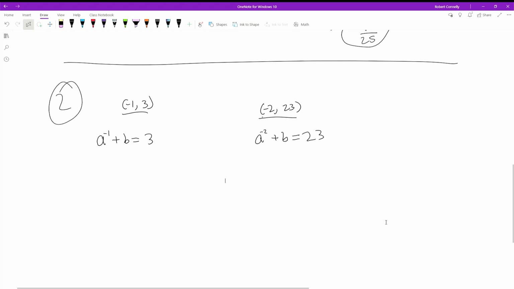So another approach, and this is the approach that I would actually think is more likely for students to take, at least initially, but it's actually even harder algebraically, is to solve for b, because you see, oh, I've got the a to the negative first power. That's hard to deal with. Instead, let me solve for b here and then plug it in. So I get 3 minus a to the negative first power.